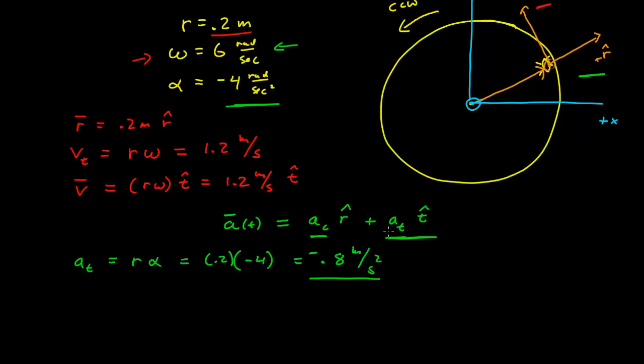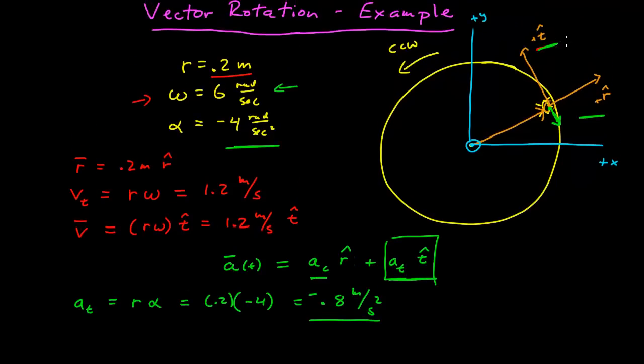If I graph that component of the acceleration vector, it has a magnitude of 0.8 meters per second squared, and it points in the negative tangential axis at that point in time.